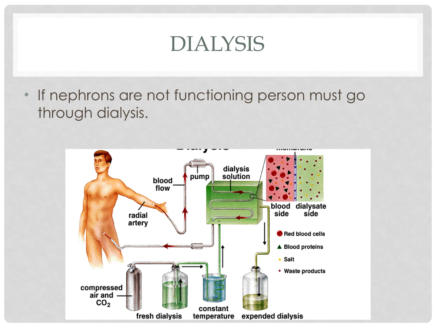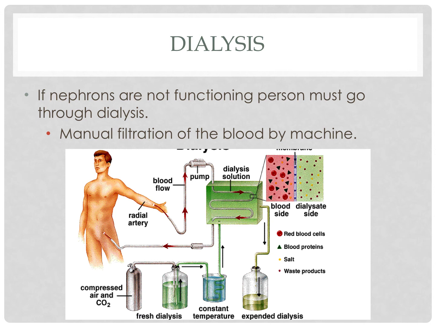What you're looking at down here at the bottom is someone hooked up to the dialysis machine where blood is actively removed. As you can see, there's a pump. You've got dialysis solution with both a blood side and a dialysis side. Again, ions or materials are going to move based on active transport or osmosis like we saw.